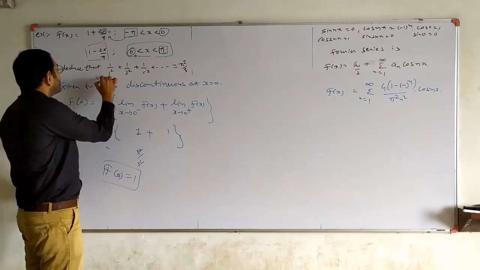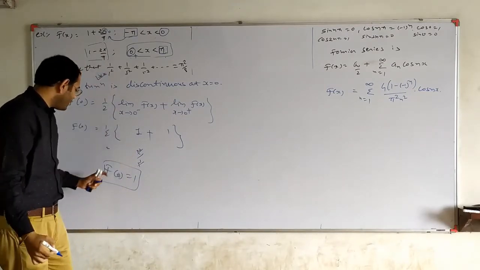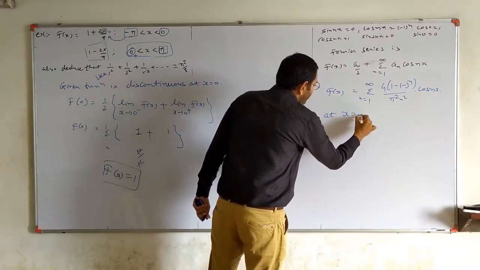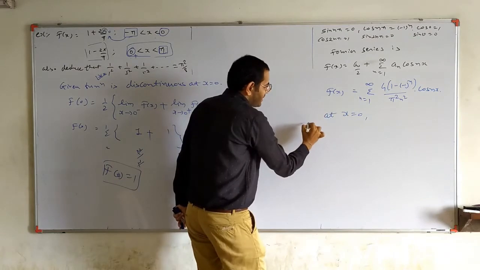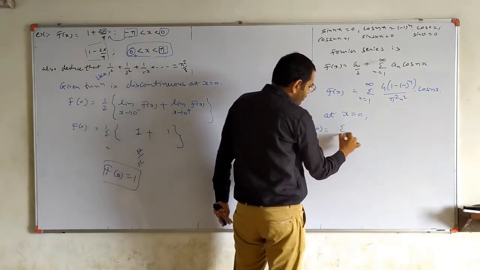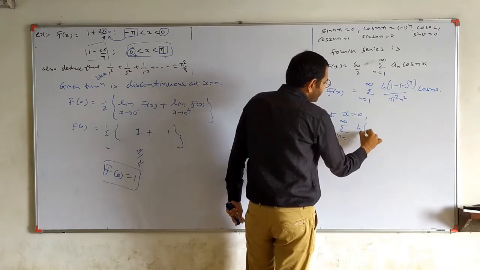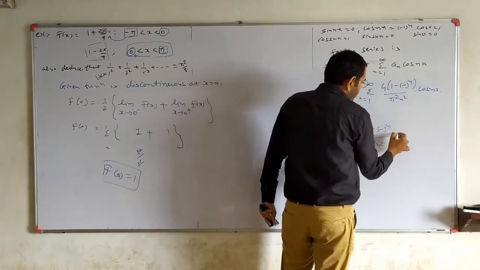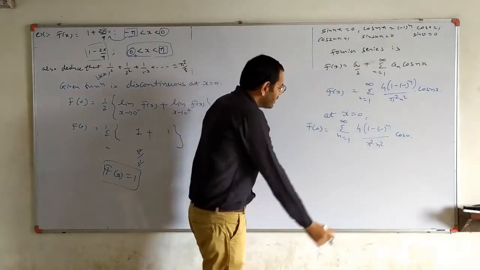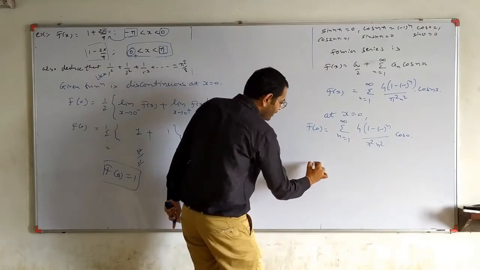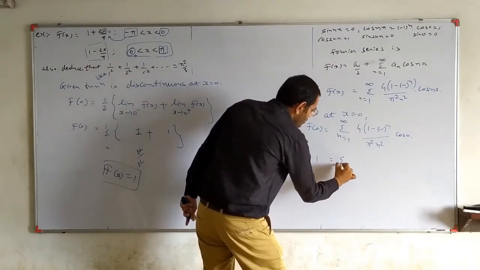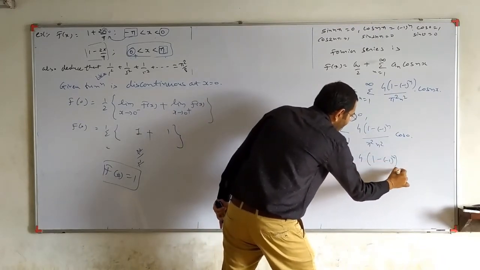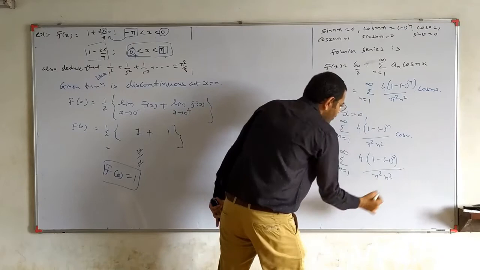To reduce this, we require the value of f of 0. Substitute x equal to 0 in this series. Then f of 0 equals summation n equal to 1 to infinity 4 times 1 minus 1 raised to n upon pi square n square, cos 0, and cos 0 is 1.